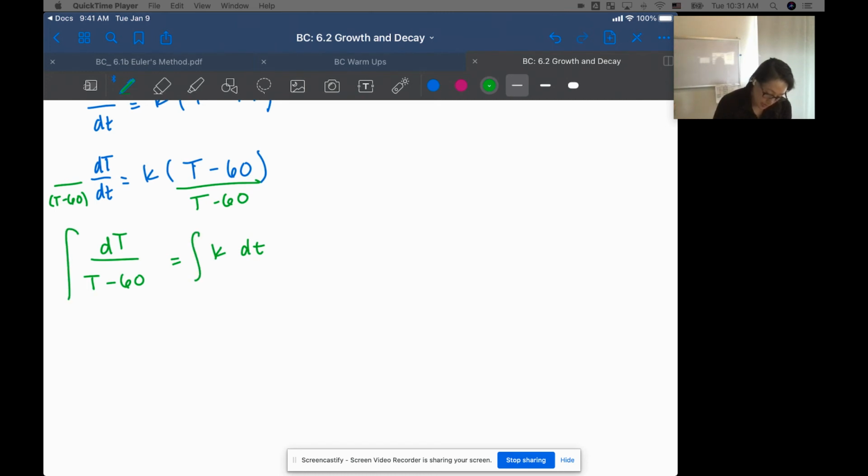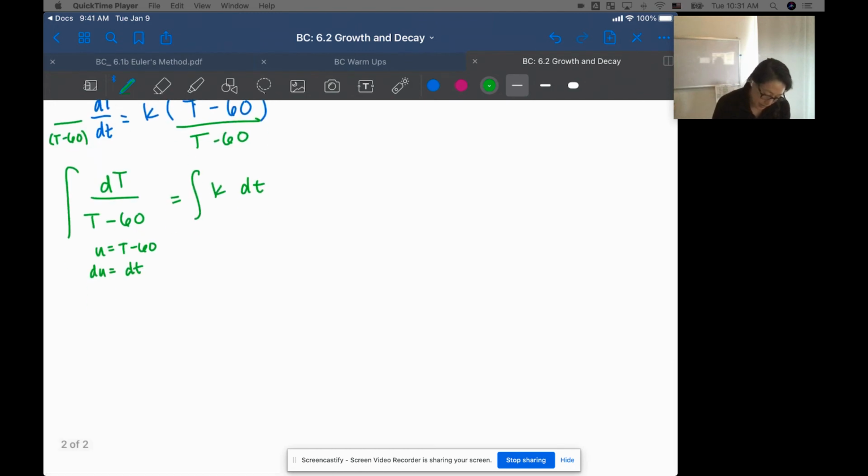Integrate. I get my u is equal to T minus 60, so du is equal to dT. Okay, so I get the ln of u, which would be T minus 60, is equal to kt plus C1.